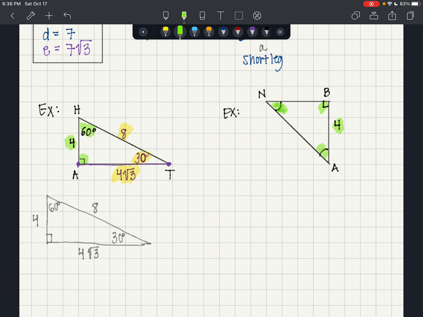That's what those single arc marks mean. So that means that angle N plus angle A is equal to 90 degrees, and angle N equals angle A. Therefore, angle N must be 45 degrees and angle A must be 45 degrees.